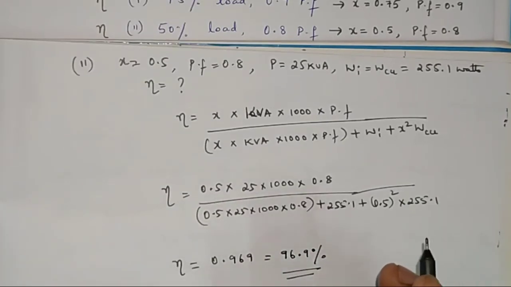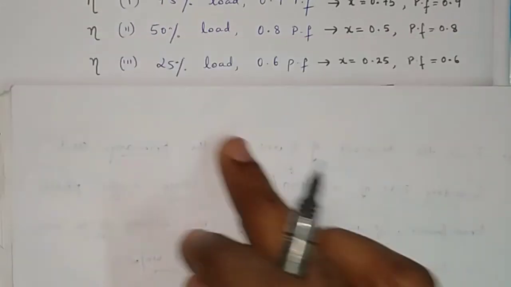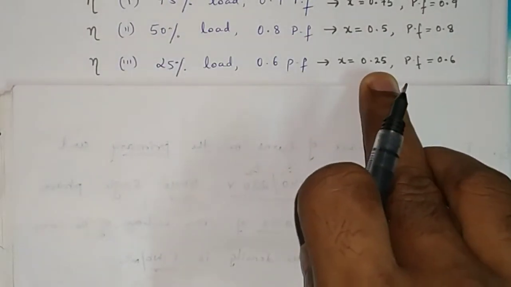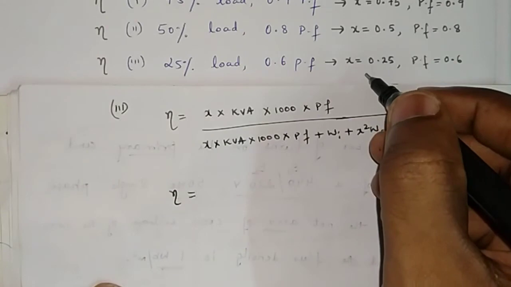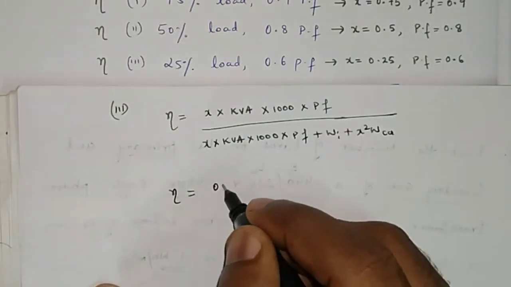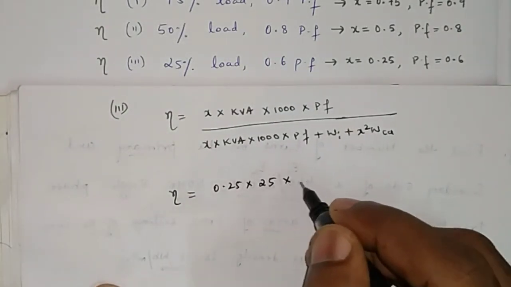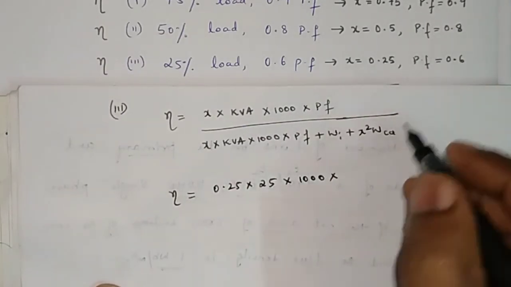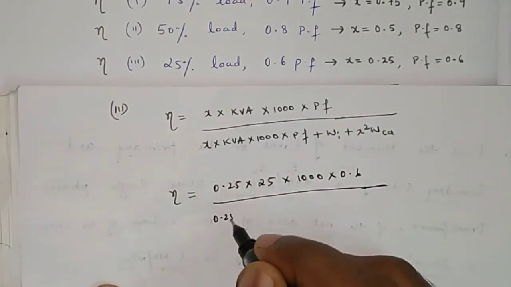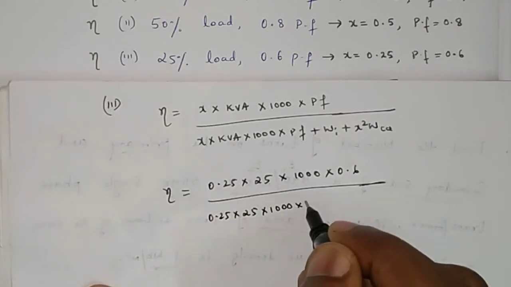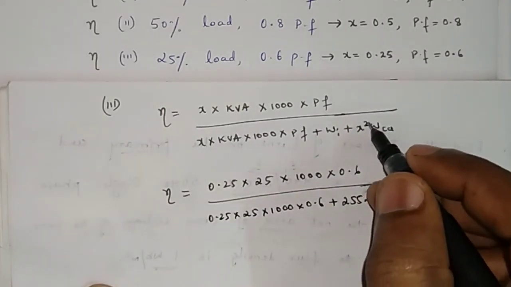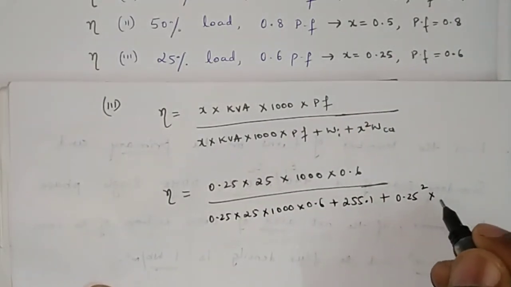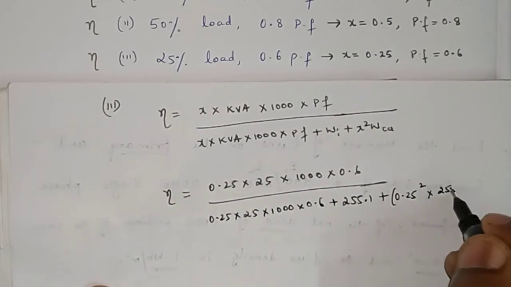In the same way, we are going to find out the efficiency for the third case. Just see the third case where load is 0.25 and power factor is 0.6. Once again write down the formula for efficiency, and then substitute all the values. So load is 0.25 into kVA, that is 25 into 1000, into power factor 0.6, divided by the same term plus iron loss 255.1 plus load x square, that is 0.25 square, into copper loss 255.1.